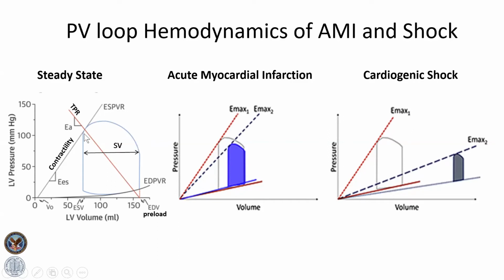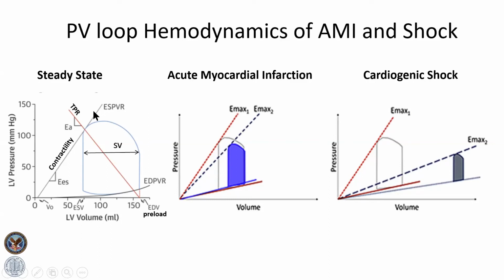Across the loop is the stroke volume during ejection, ending at the end systolic pressure volume relationship point of intersection. And then it falls with isovolumetric relaxation down and begins filling again along the end diastolic pressure volume line.